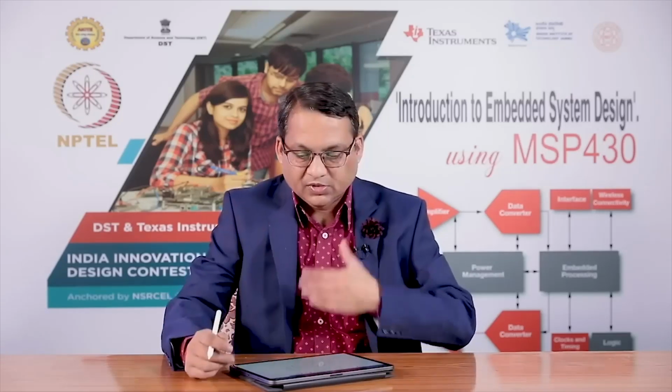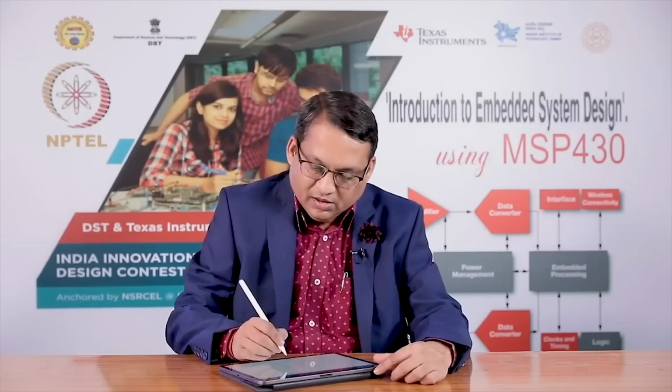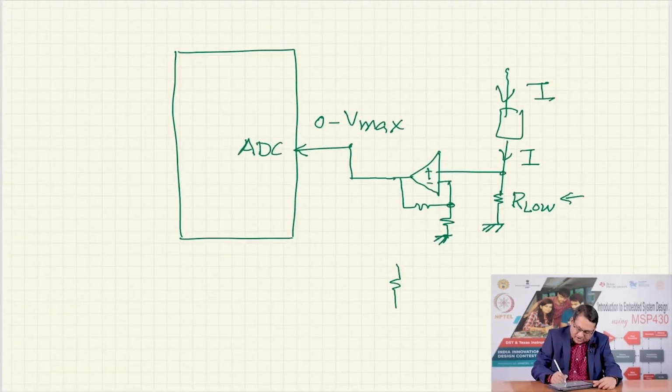Measuring the current at the point where it just enters the ground, as I have shown, is very easy. But what if I want to measure current which is floating, meaning I put a resistance, but none of the ends of this resistor is grounded?